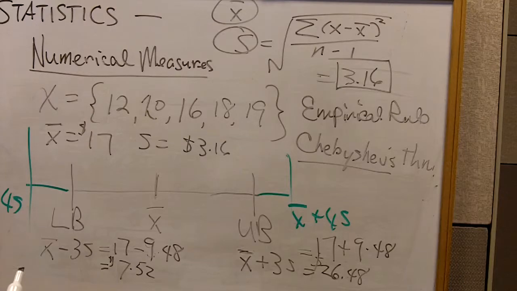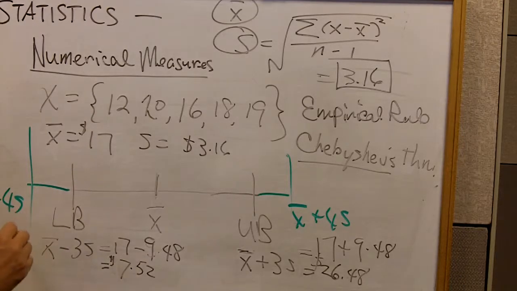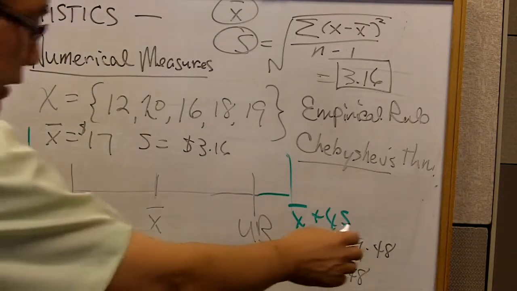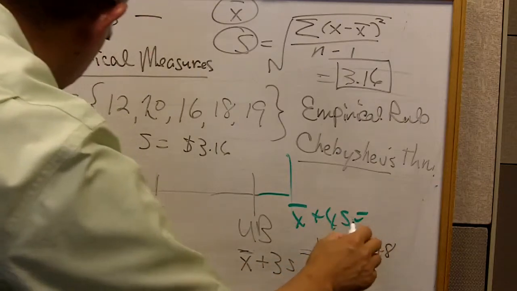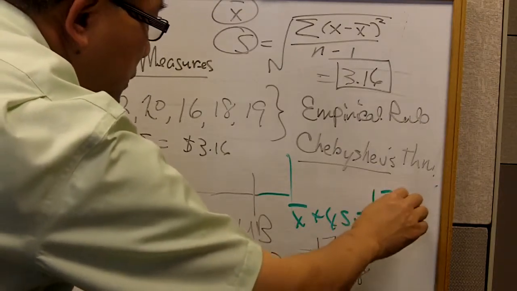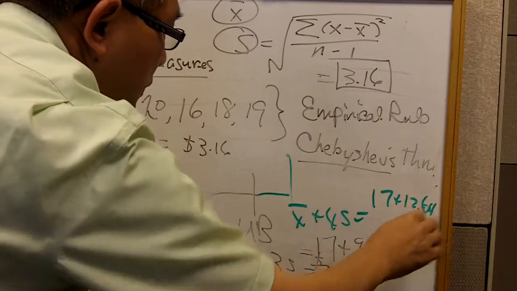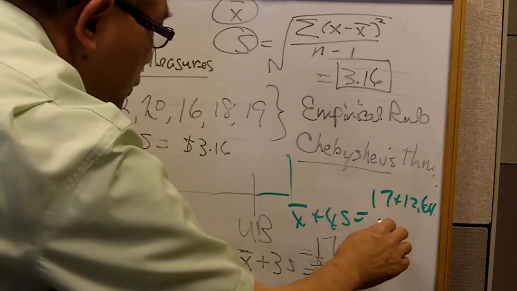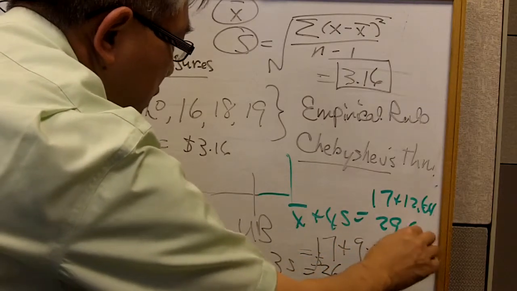12.64. So 17 minus 12.64, that's $4.36, and the upper bound, likewise, is going to be 17 plus 12.64. That would be equal to 29.64.